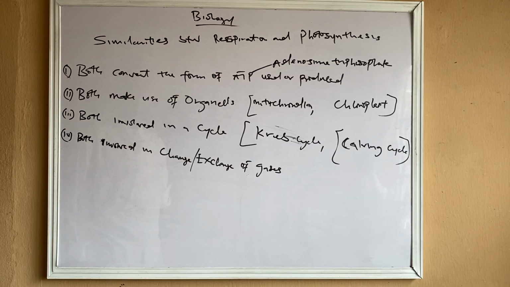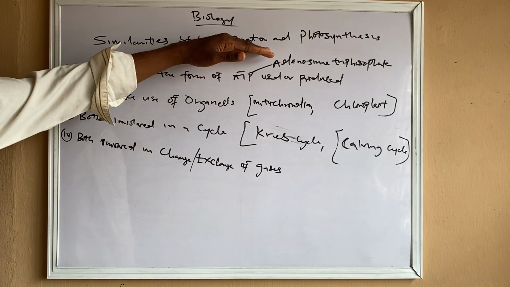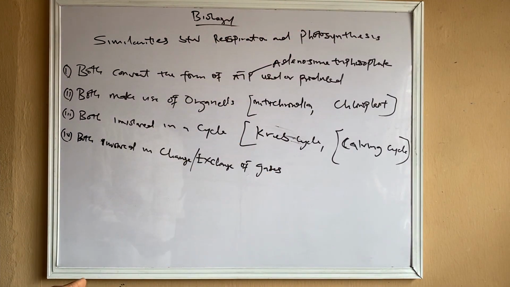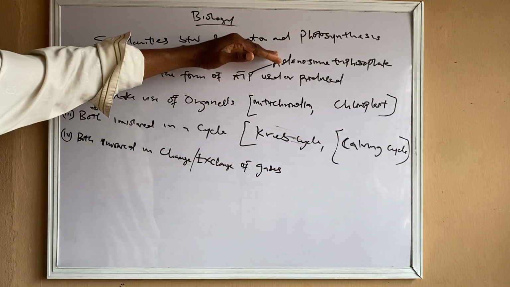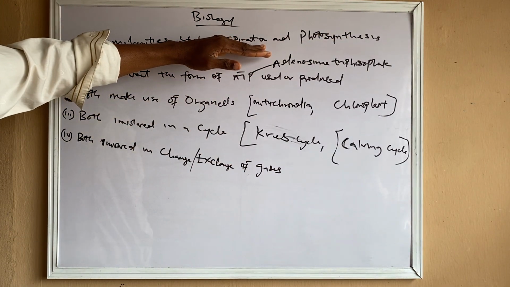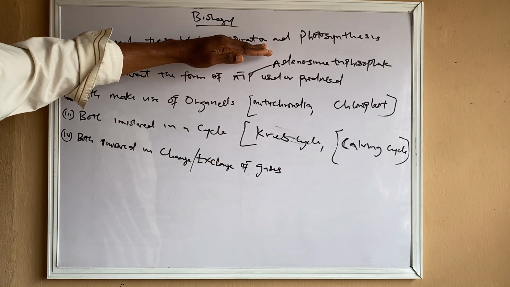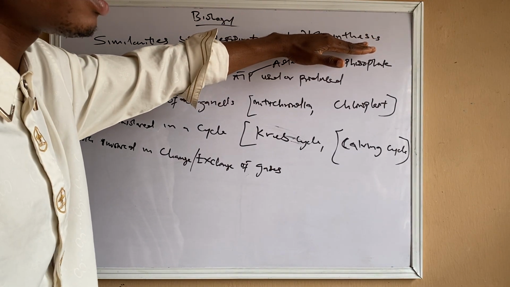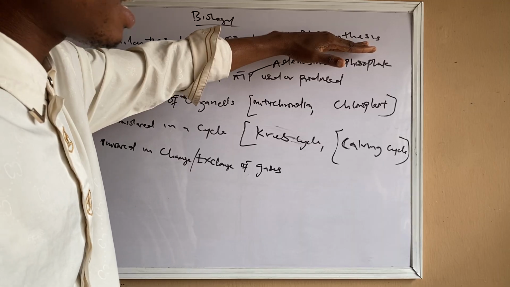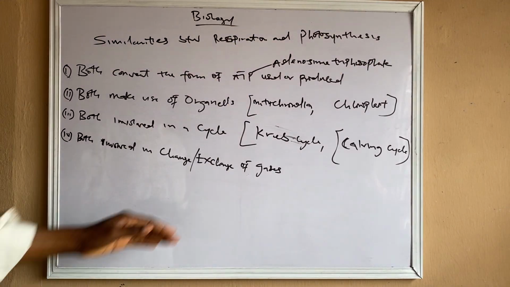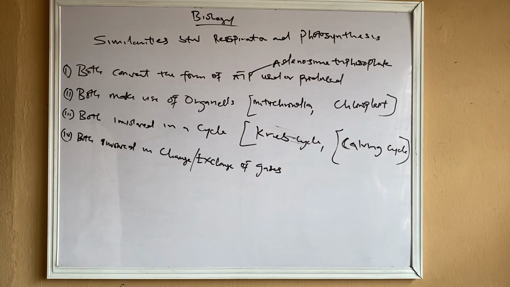Yes, respiration is involved in exchange of gases, while photosynthesis is also involved in exchange of gases, even though the gases exchanged are different. Respiration brings in what? Brings in oxygen and releases carbon dioxide. While photosynthesis brings in carbon dioxide and brings out what? Oxygen. But they are both involved in the exchange of gases in the environment. Right? Good.